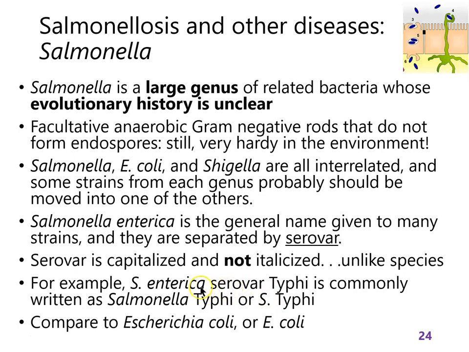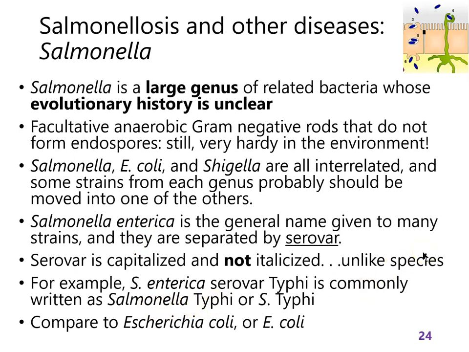And so in most cases, what you would see is the serovar name would not be italicized and it would be capitalized. So it's written differently from a species name, or it's supposed to be anyway. So if you see this Salmonella typhi, that is written correctly, whereas the species name should look like this. This is written correctly and this is written correctly.